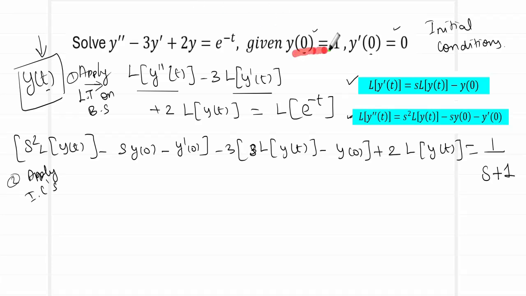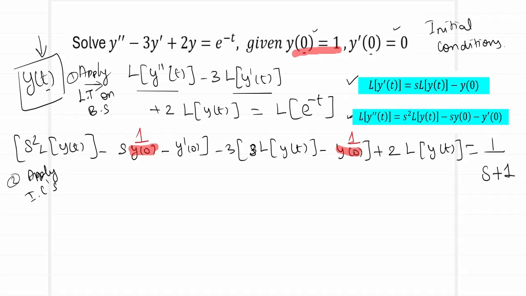The first condition is y of 0 is 1. In your expression, find where you have y of 0. Here I have y of 0. The next term where you find y of 0, here you find y of 0. So what you do is you replace this y of 0 by the quantity 1. So this becomes s times 1, so s, and this becomes a simple 1.